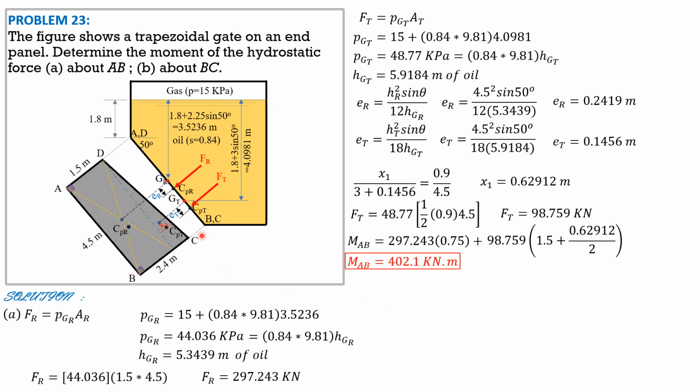Then moment about BC is equal to F of rectangle, which is 297.243, the distance of the center of pressure from the bottom BC is half of 4.5, 2.25, minus eR, because FR acts here.